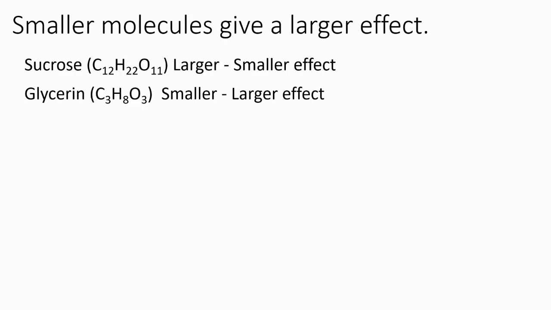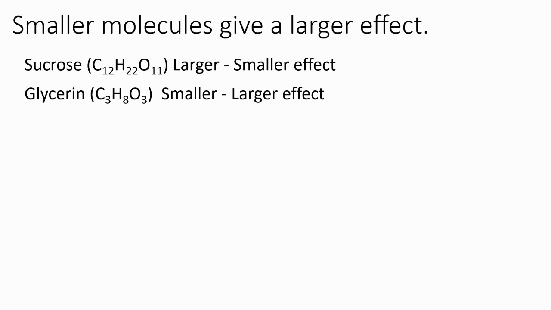All right, the other way we can think about the effect on the freezing and boiling point is the size of the molecule. If it's a small molecule, it's going to have a greater effect. If it's a large molecule, it's going to have a smaller effect.